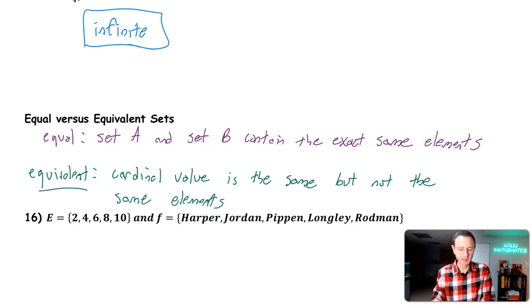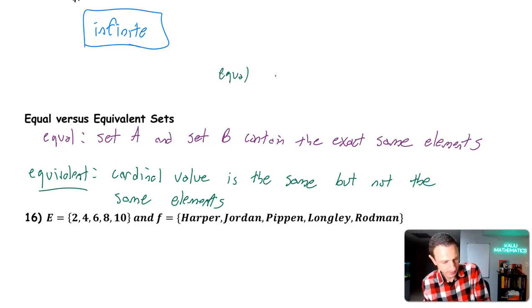So equivalent means that the cardinal value is the same, so there's two elements in both of these sets, but they're not the same elements. Their cardinal values are the same, but not the same sets. But equal, set A and B are both the exact same elements, same everything. They're equal to one another. So one thing I want to write down here is equal is also equivalent.